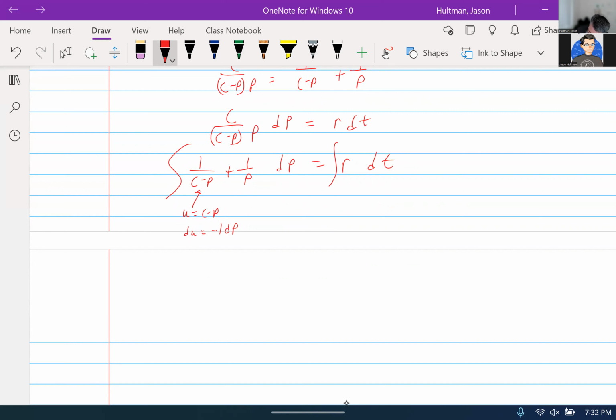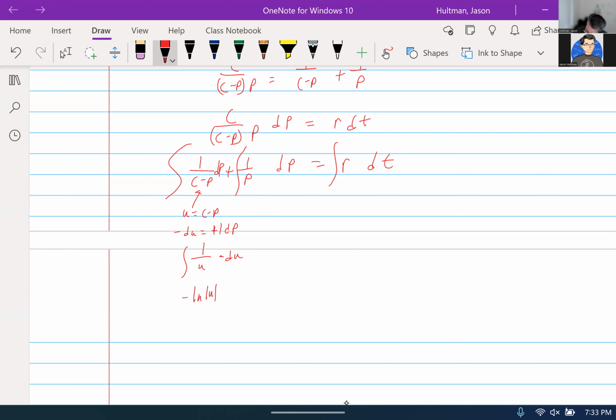This is 1 over u. And then if we multiply both sides by a negative, then this becomes negative du. Integrate that. I'll separate these into two separate integrals. So this is negative natural log u.